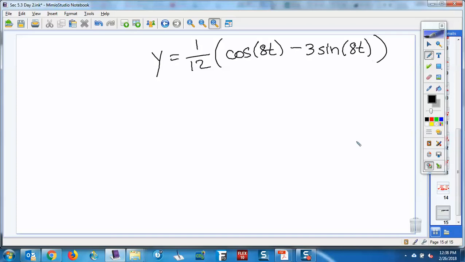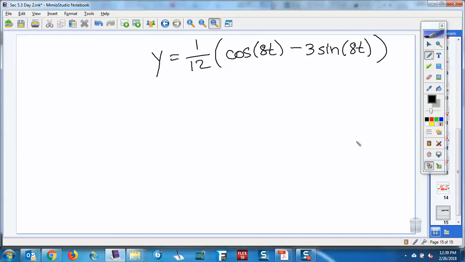So the displacement would be positive when it's stretched past the 0 point, and negative would be when it's up above the 0 point. Okay, so you'd have some positive and some negative to potentially go along with that.